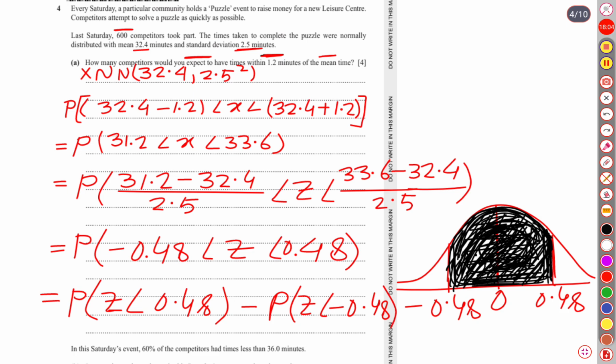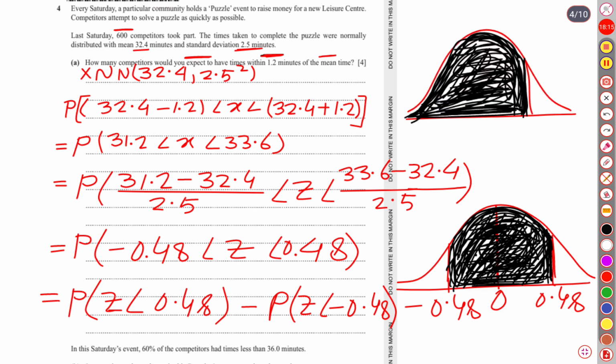We will just subtract this lower part, and I can show you what it means. If I draw another figure, first of all, we will find the area of the whole region where the z score is 0.48.